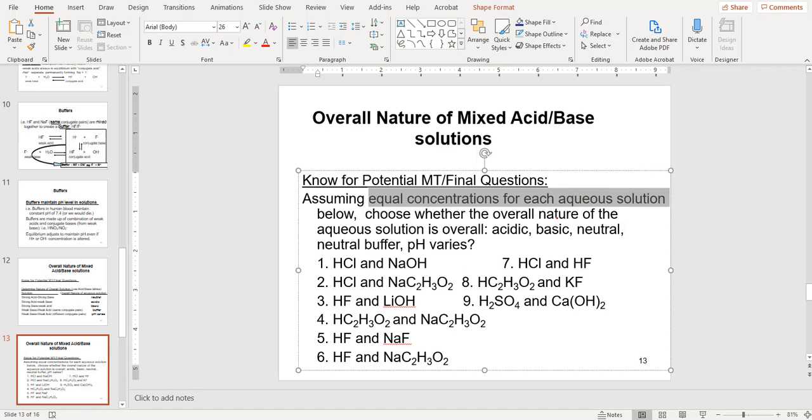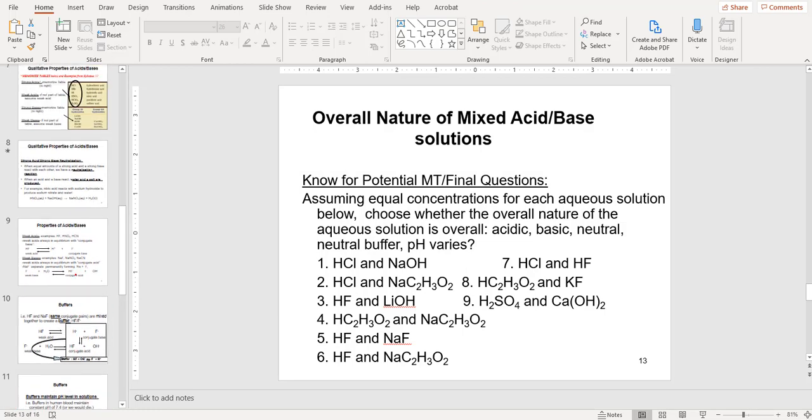That means like 1 molarity to 1 molarity or 2 molarity to 2 molarity. Based on your understanding of what type of strong or weak acid or base it is, is the overall nature for the aqueous solution going to be acidic, basic, neutral, buffer, or pH varies? So you'll have to go ahead and put that in there.